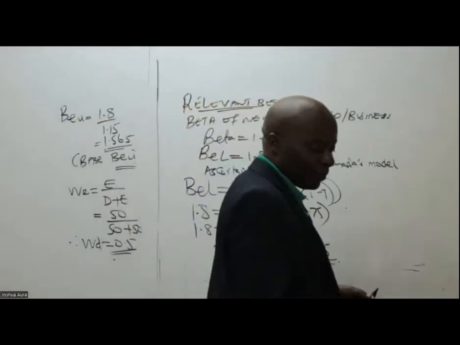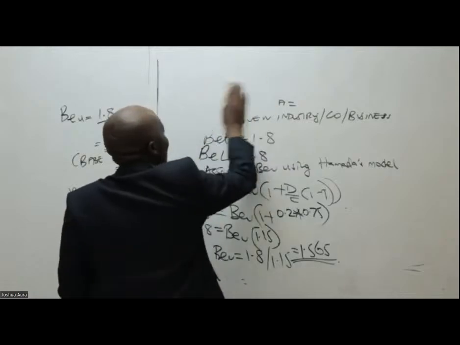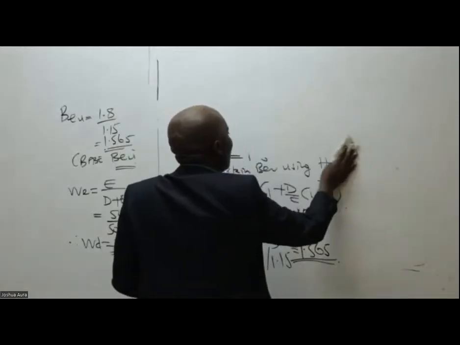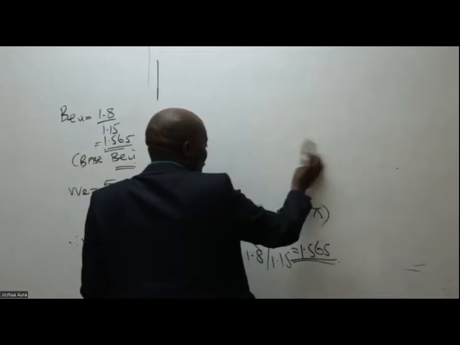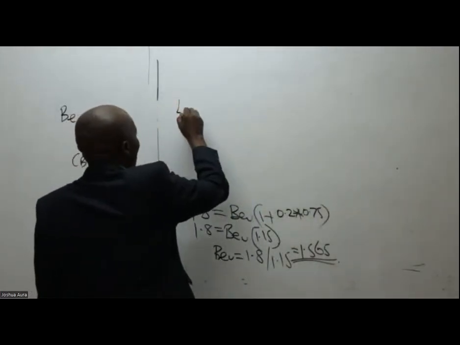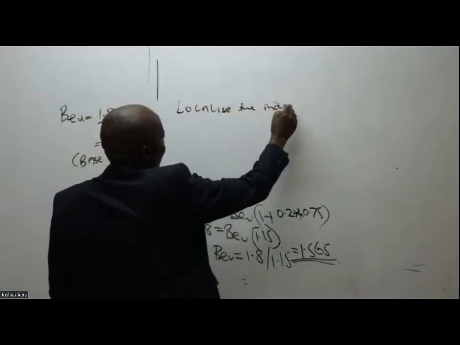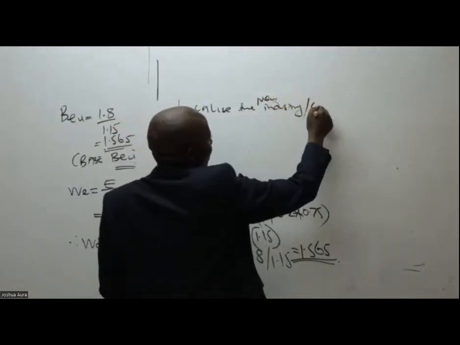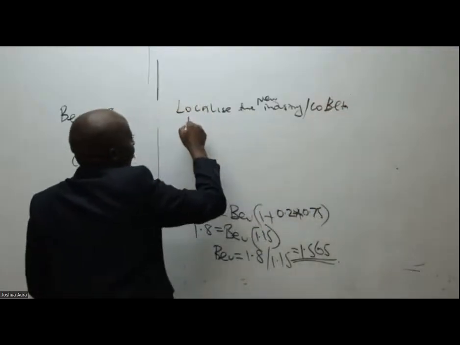Now from there, ladies and gentlemen, I know the next thing. Using this base beta, I should be able to localize. So you localize the industry, the new industry, new company or new business beta to the firm.